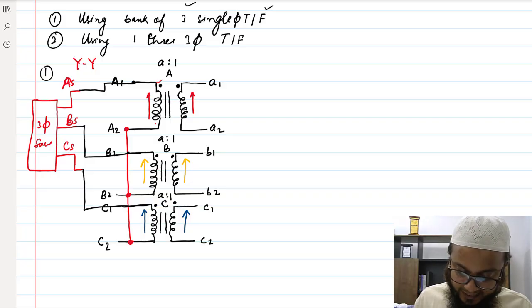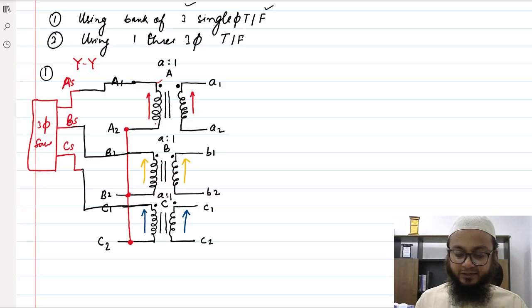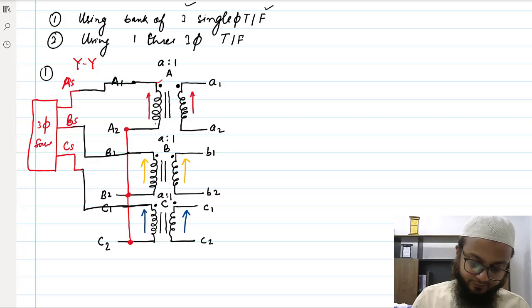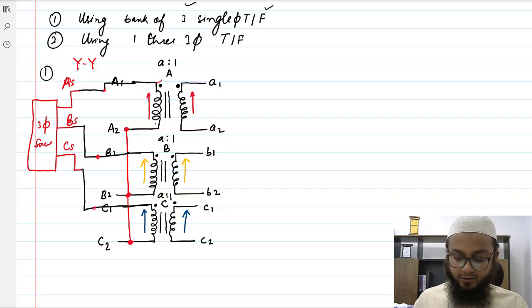Okay, so that means these points are not connected, right? These points are not shorted here. A here, B here. So this point, the red one, which we have connected with red, that would be your neutral point. Let's say the neutral point is, I'm showing with capital N here. So this point has become the star point.